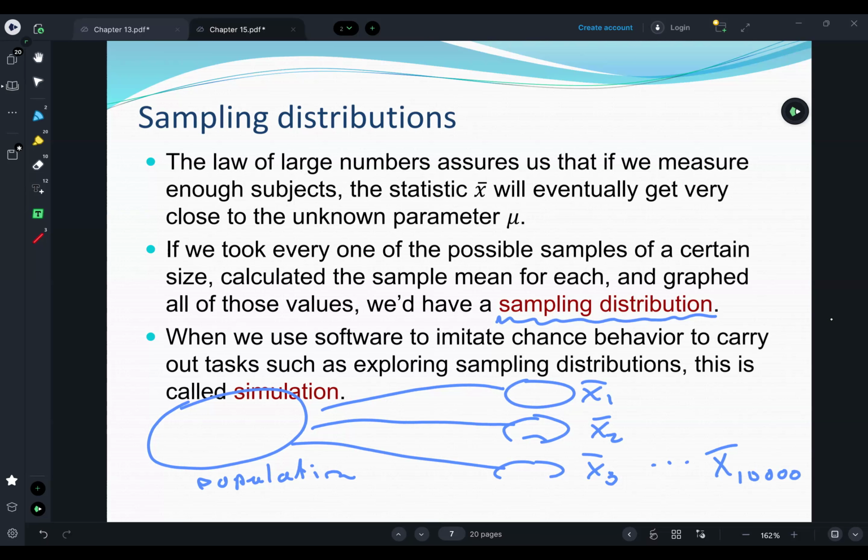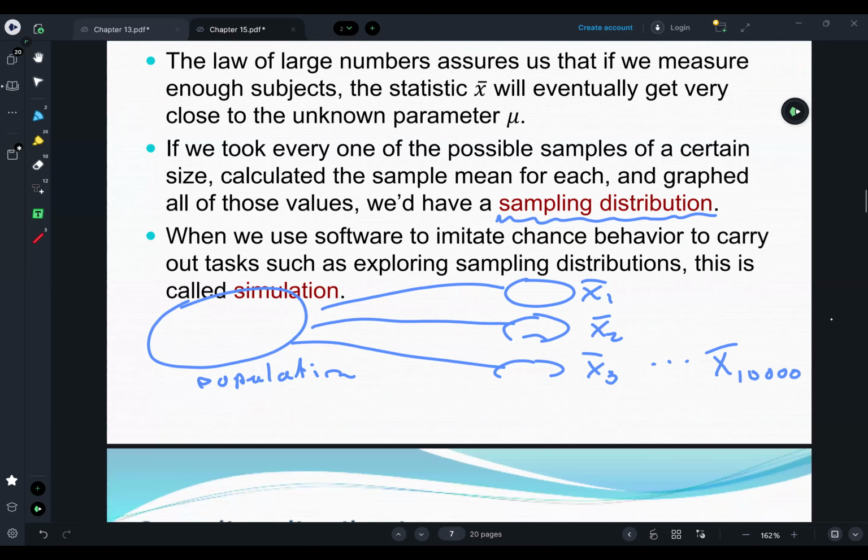We have a whole bunch of sample means. And you might be going, well, what are we going to do with this? We're going to use this sampling distribution to answer questions like we saw on the first slide with the heights.